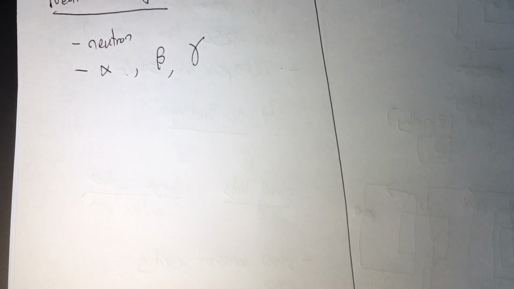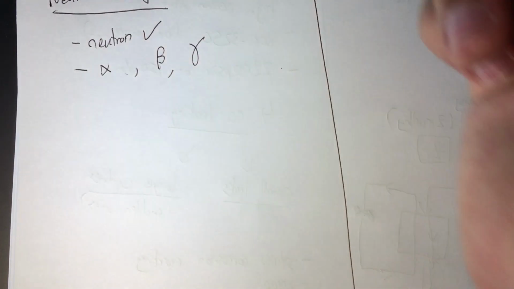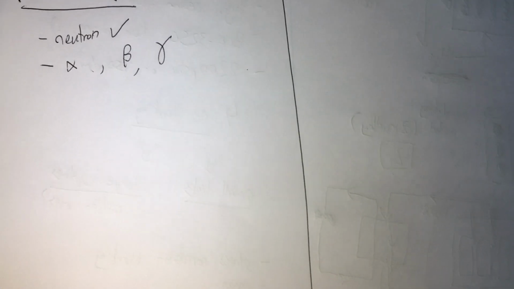So what happens at the atomic level when all this radiation actually hits the material? Now to start, we want to discuss neutron radiation because that's one of the primary things that actually happens in the reactor. We have a lot of neutrons going on, or a high neutron flux.